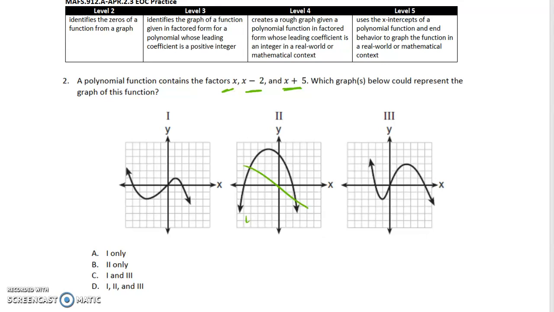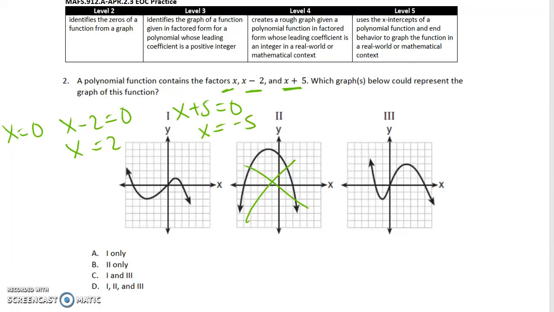So I can't choose B because that only hits twice. So now we're between 1 or 3. Well, remember, if I set each factor equal to 0, that's where these are going to cross the x-axis. So my zeros should be at 0, +2, and -3. So your answer is 1 only.